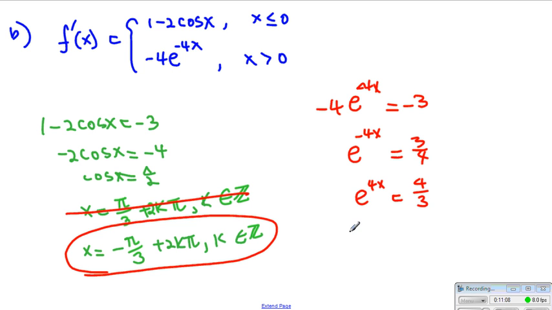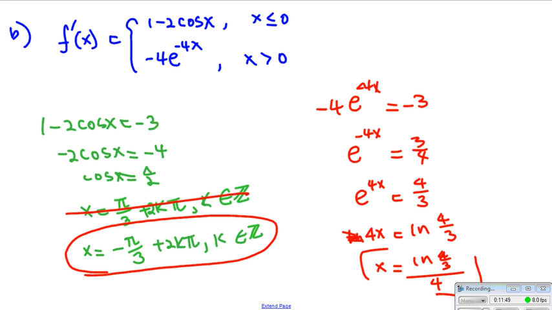By taking the ln, the e cancels out, and we get 4x equal to ln of 4/3. To find x by itself, x will be equal to ln of 4/3, divided by 4. Is this positive? Yes, because 4/3 is greater than 1, so ln of 4/3 must be positive, and that will become our answer. So that's another value right here.